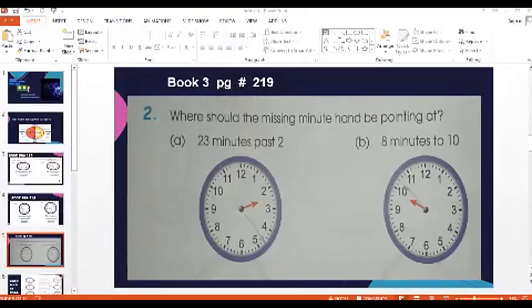So boys, look at this. Where should the missing minute hands be pointing? In this picture, you are going to draw the minute hands. This is a concept of past, so you will count forward 23 minutes past. Remember, for the past concept, we always take normal forward steps: 5, 10, 15, 20.